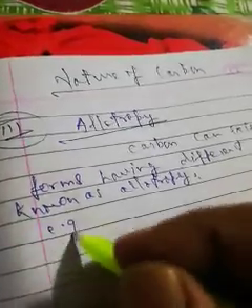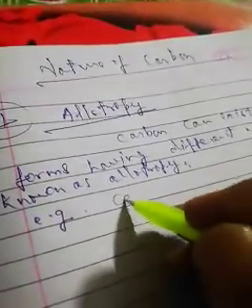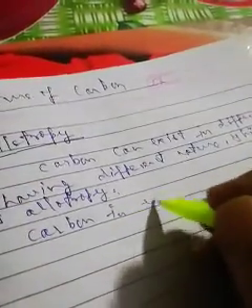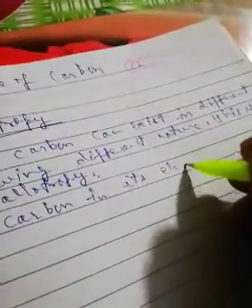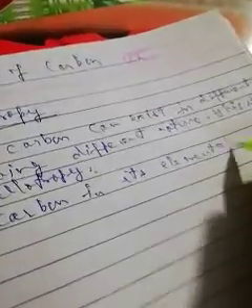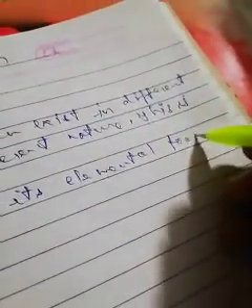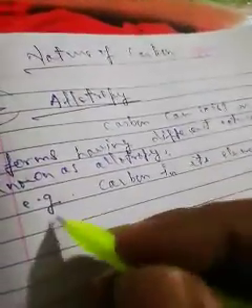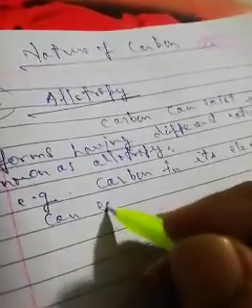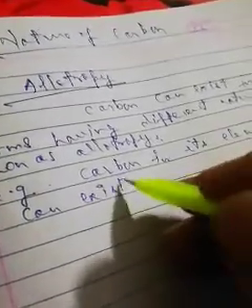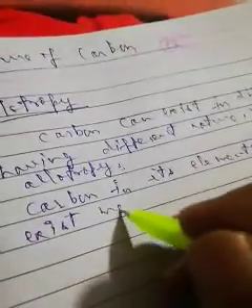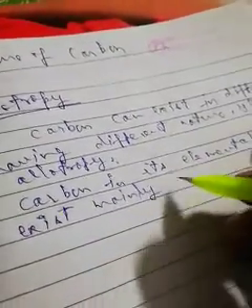For example, carbon in its elemental form can exist mainly as diamond and graphite.